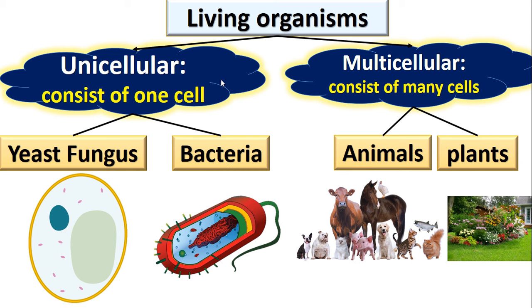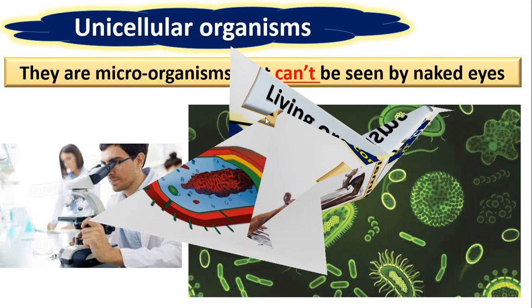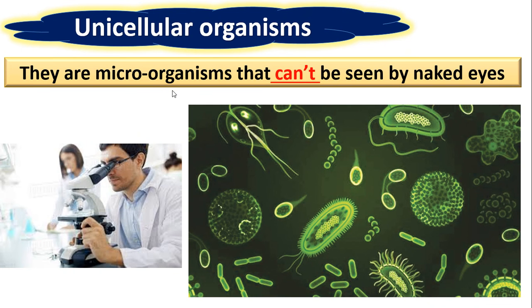So now let's talk about the unicellular, which consists of just one cell. Can we see the unicellular organisms with our eyes? No, they are microorganisms. Microorganisms can't be seen by your naked eyes. I can't see them with my eye.